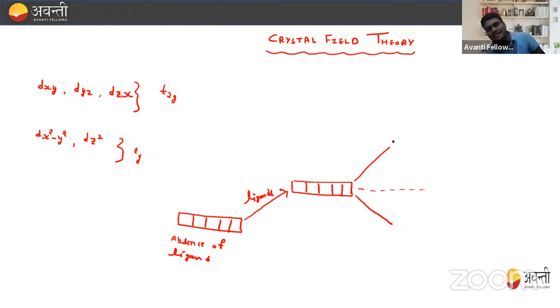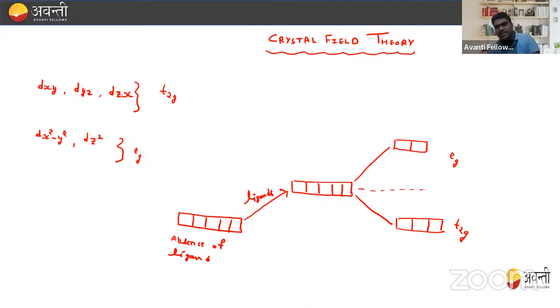Those having the highest energy, these two orbitals, are termed eg, and those having the lowest energy are termed t2g, right? So these are the absence of ligand and the presence of ligand. In the presence of ligand, their degeneracy is lost. Now the energy increase is different. In eg, the energy increase is more than in t2g. In t2g, the energy increase is less.